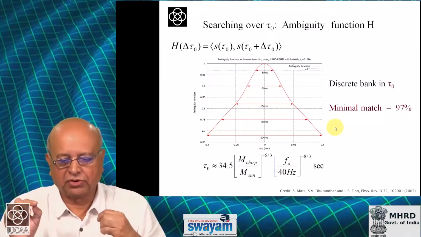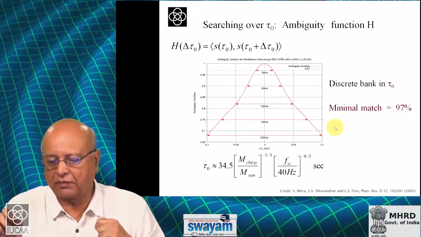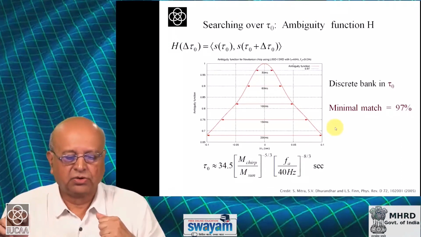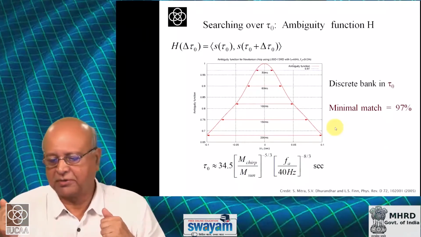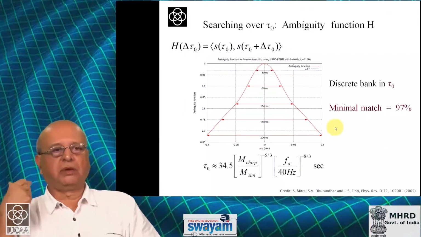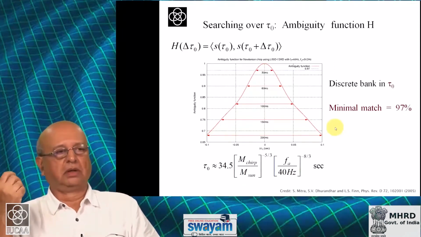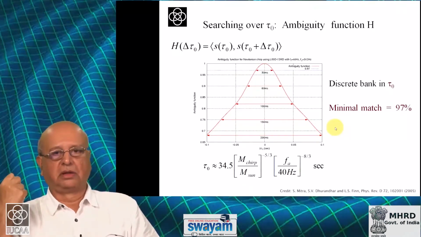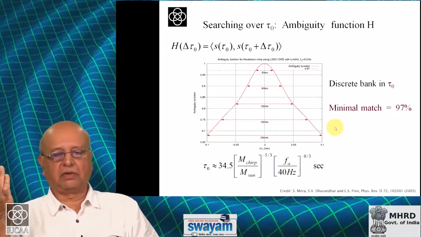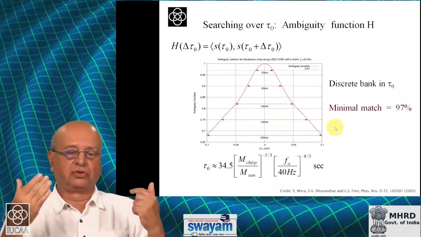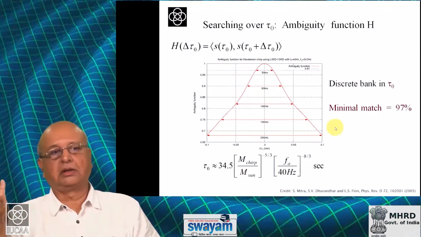So, then how do you choose your bank of templates? You need a discrete bank of templates in tau naught. You choose it by taking something called the minimal match. So, you allow for a 3% loss. This is very subjective. Suppose we allow for something like a 10% loss in the number of events we want to detect. We can't help it. So, about 10% loss we can tolerate in the number of events.